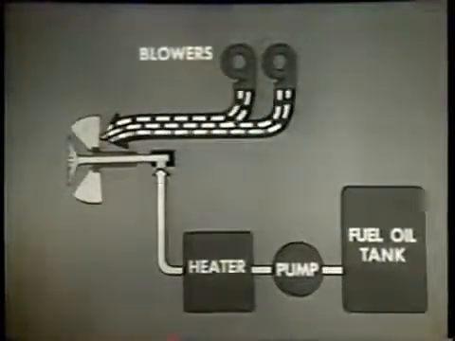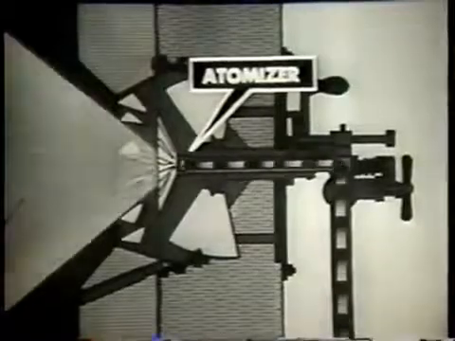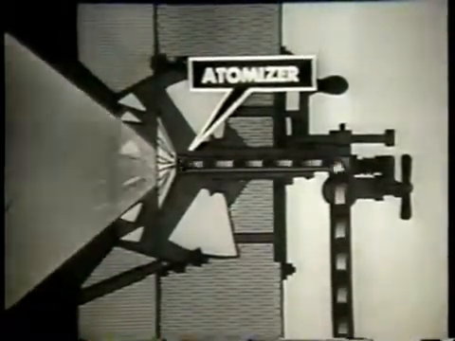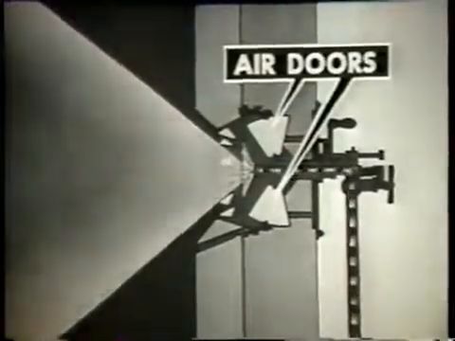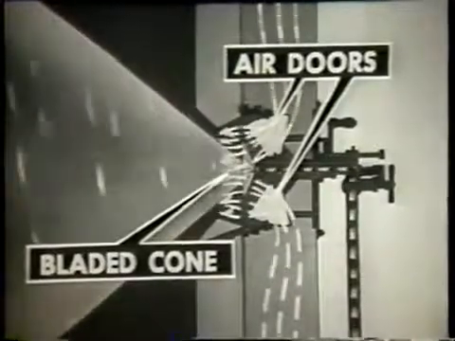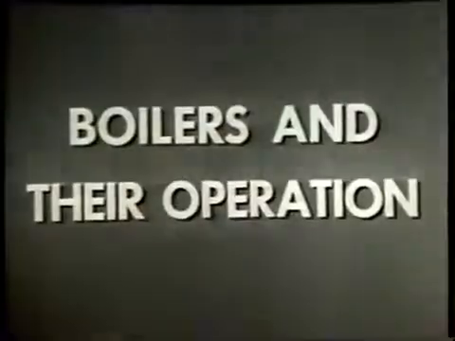The burner's atomizer reduces the fuel oil to finely divided mist-like particles. That is, atomizes the fuel oil. Then the air doors and the bladed cone in the burner register mix these particles with air to form the combustible mixture.